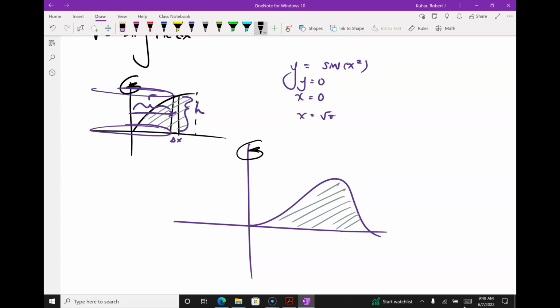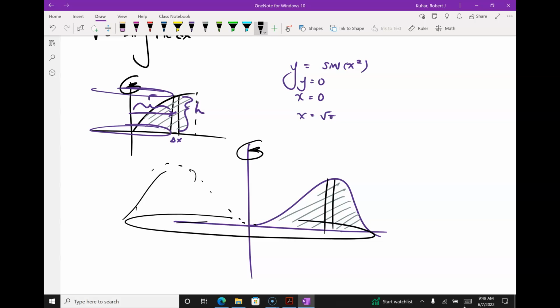Right away, it's telling me that if I'm doing shells, and I am here, I want my rectangle parallel to the axis of revolution. I can kind of ghost the whole thing here. It's clearly a pretty ugly shape.